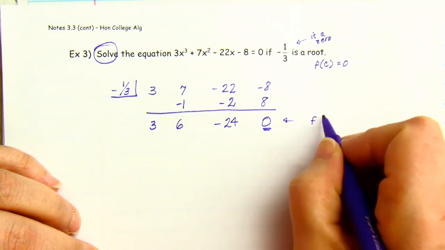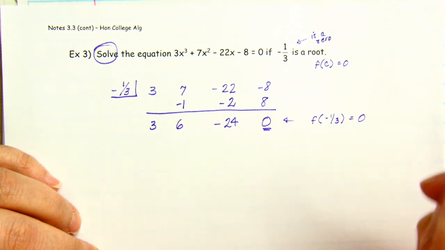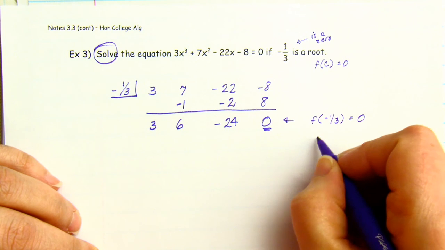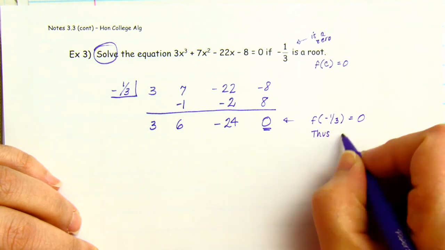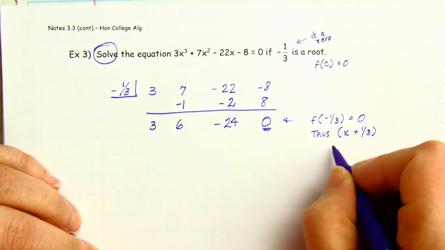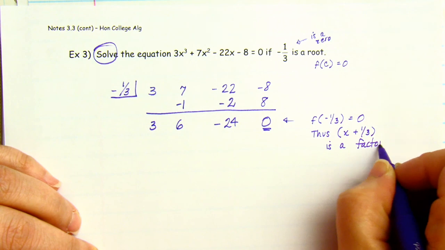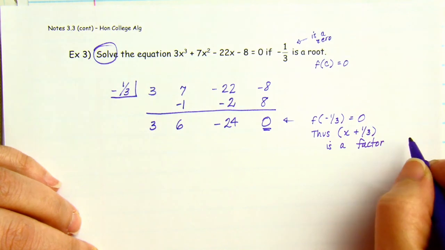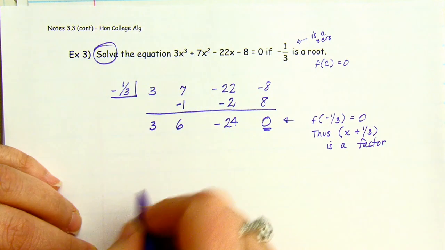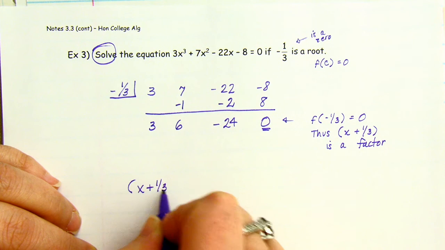F of negative 1/3 equals 0 by the remainder theorem, right? And by the factor theorem, x plus 1/3 is a factor of the polynomial function. All right, so I'm going to write out x plus 1/3 times.